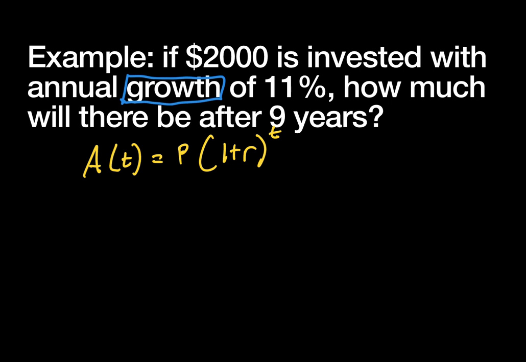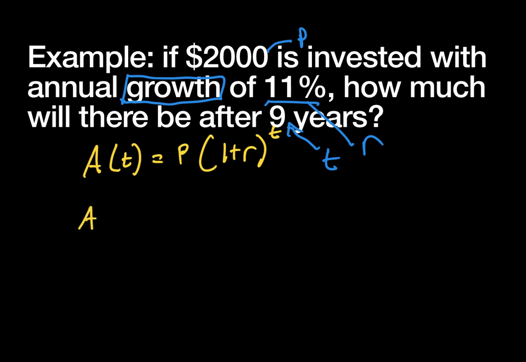And then let's start looking at what these variables are. So I have 2,000. So 2,000 is my principal. That's how much I'm starting with. My 11%, that's my R. And my 9, that's my T, number of years.